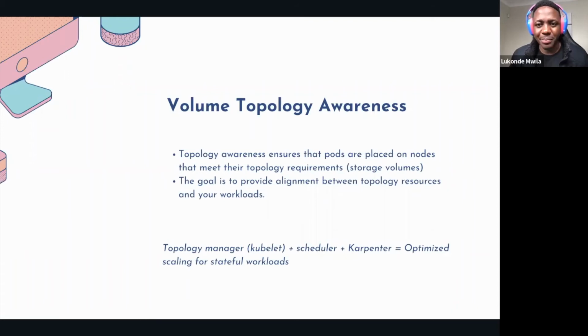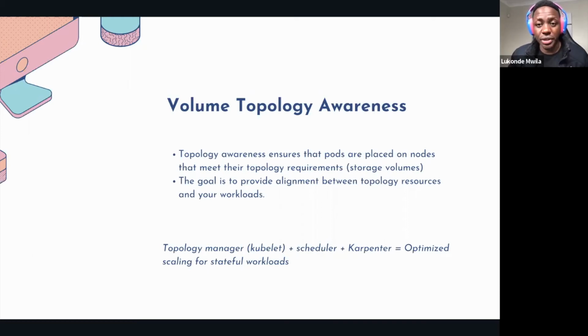And because the topic of today is scaling, how does Karpenter come into play? At some point, especially for large stateful workloads, and that's something I'm going to demonstrate as well, this could easily max out the existing resources we have for our EC2 instances or nodes in our cluster.